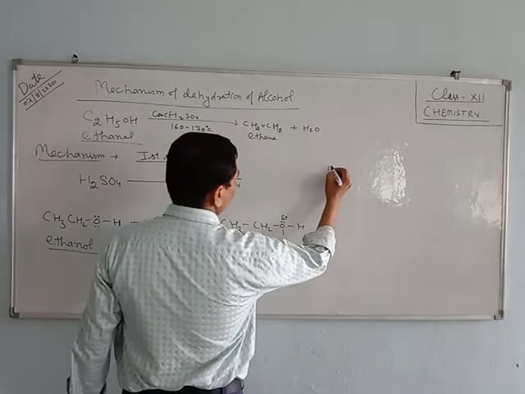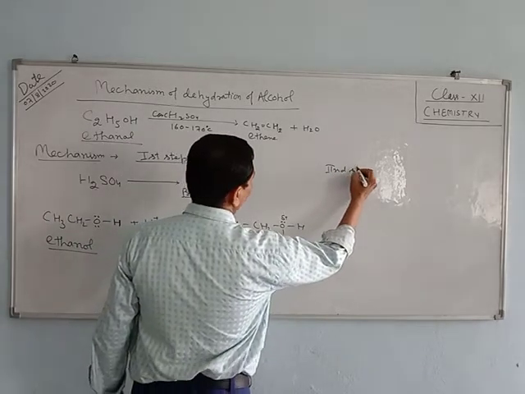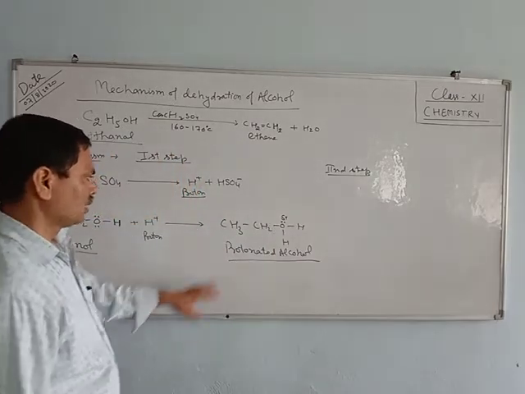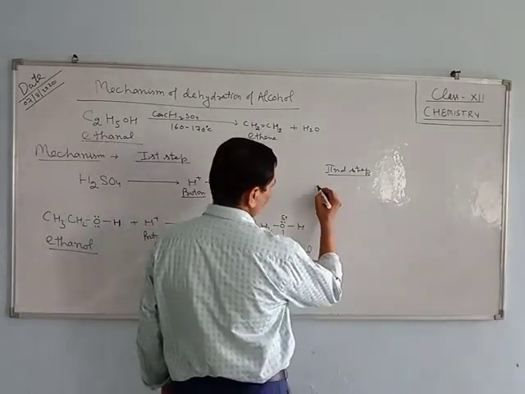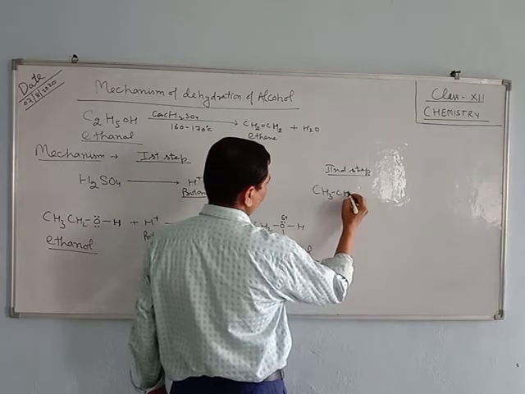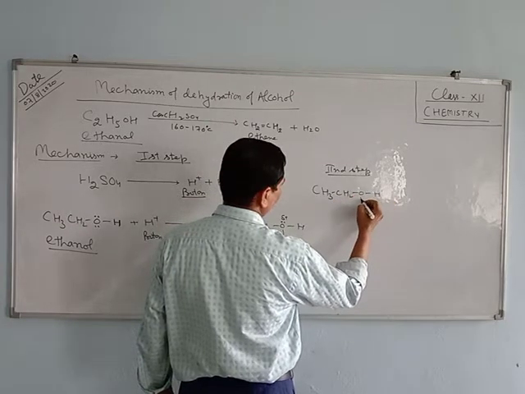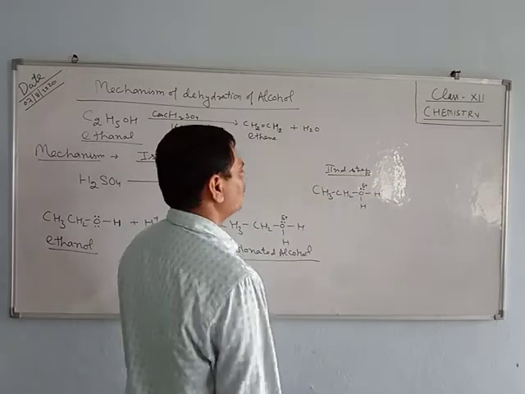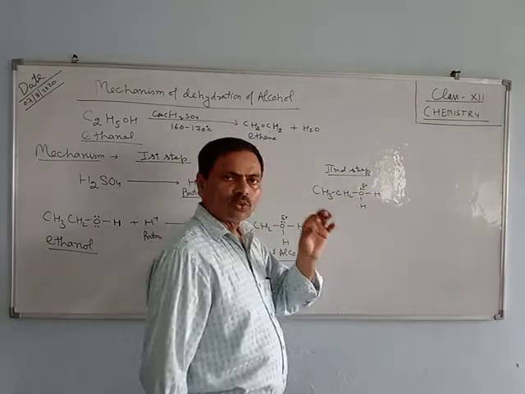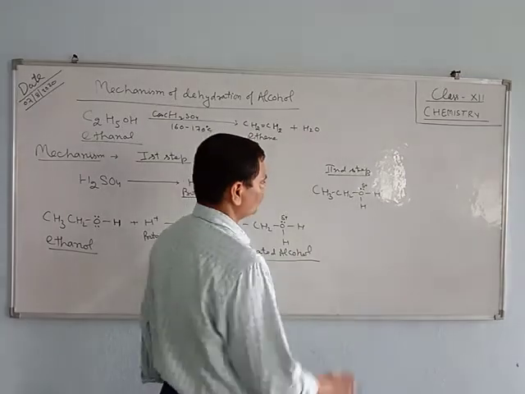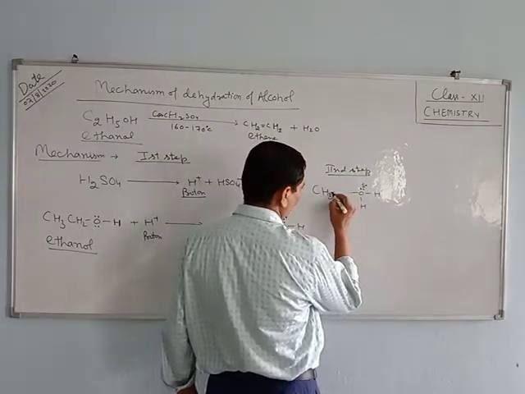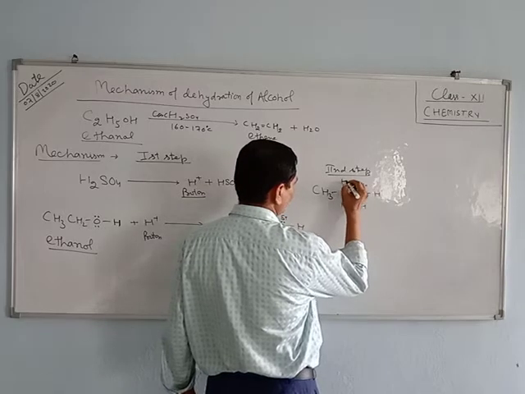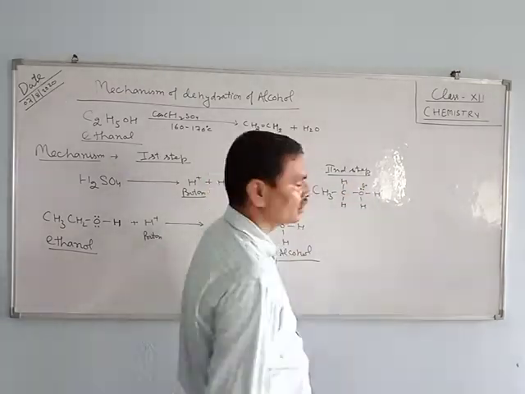After that, in the second step, this is protonated alcohol, CH3CH2OH. Since oxygen is more electronegative than carbon, you can write this one in this way.